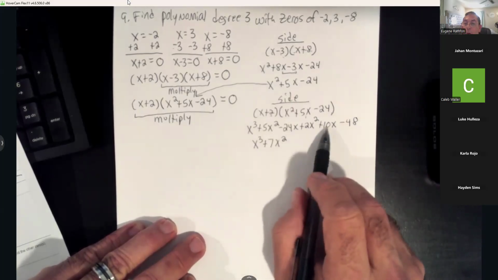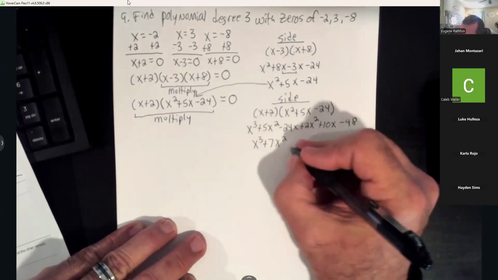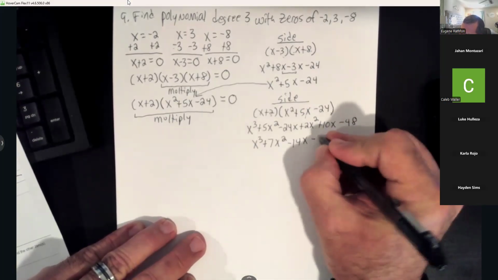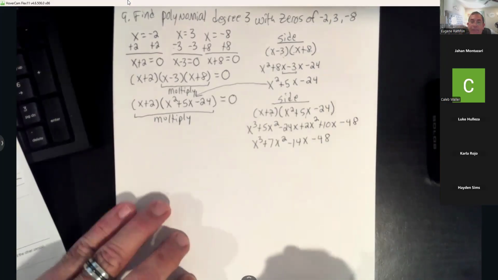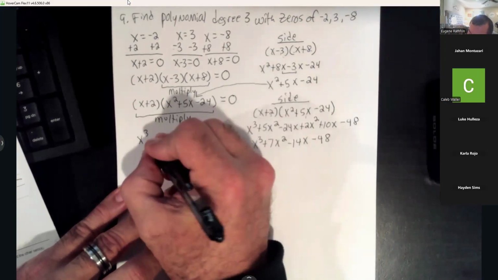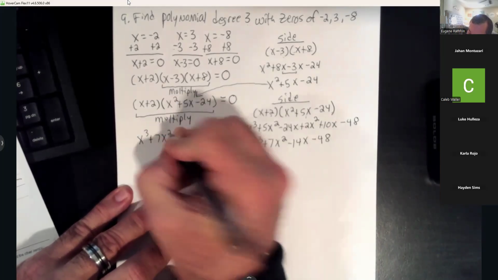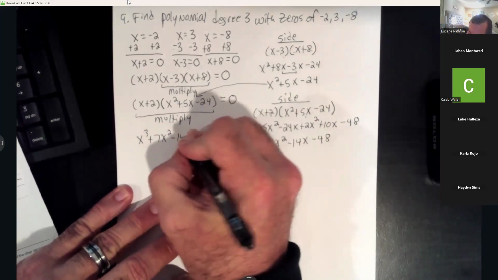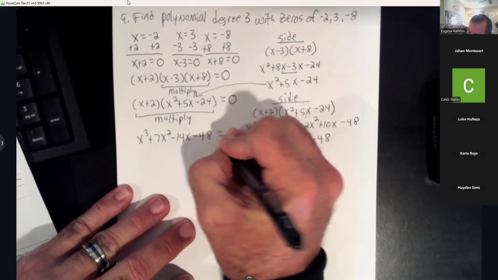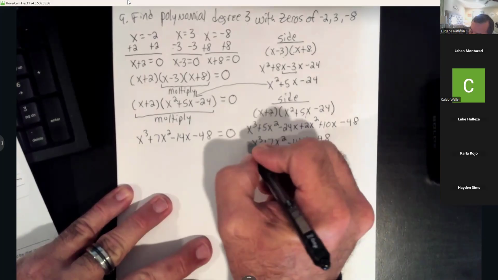Negative 24 plus 10 gives me a negative 14x. And y'all, at the end is my negative 48. So this gave me x cubed plus 7x squared minus 14x minus 48, all equal to my 0.